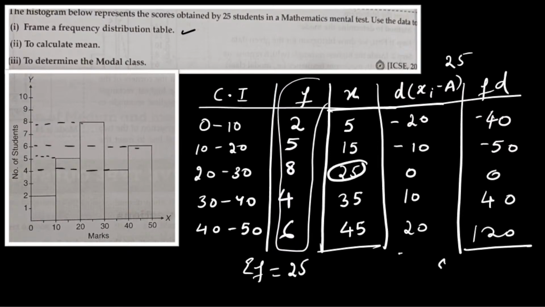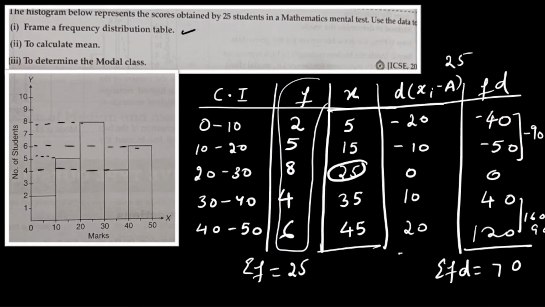Now fd, what is the total of fd? So minus 40 minus 50 becomes minus 90. And this is 160. 160 minus 90 is 70. Yes, so Jayashree has given the answer of this one also.